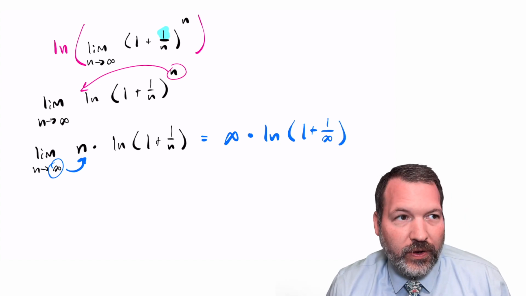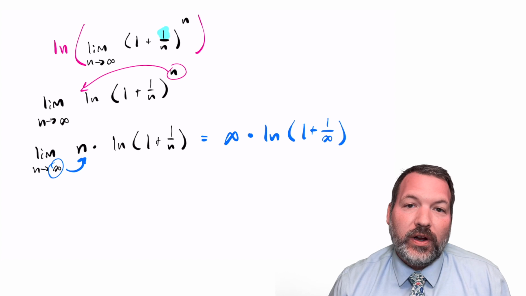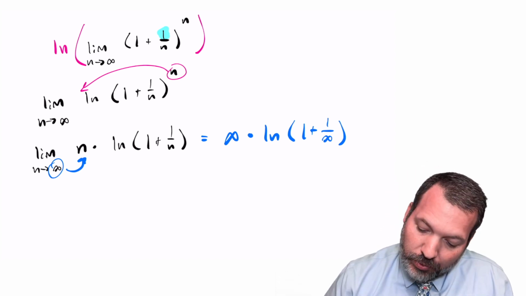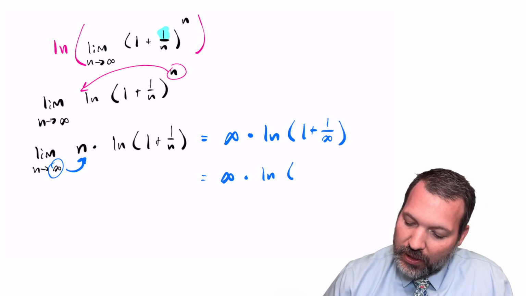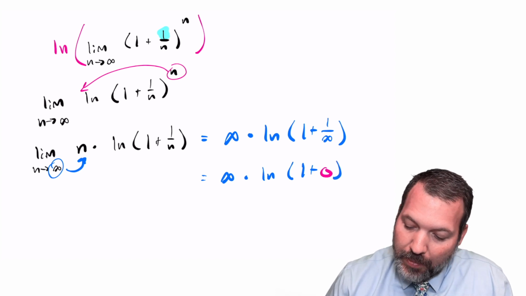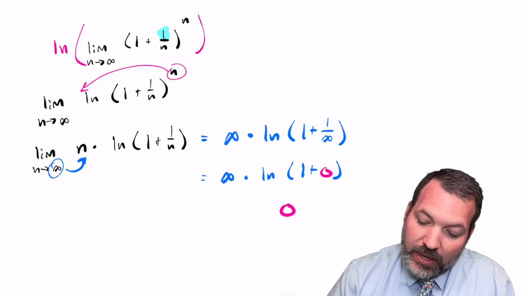Now, 1 over infinity doesn't really mean anything as far as numbers are concerned, but 1 over an infinitely large quantity is essentially indistinguishable from 0. And so really, this is going to evaluate to something like infinity times the natural log of 1 plus 0, and the reason that matters is 1 plus 0 is 1, and the natural logarithm of 1 is 0.